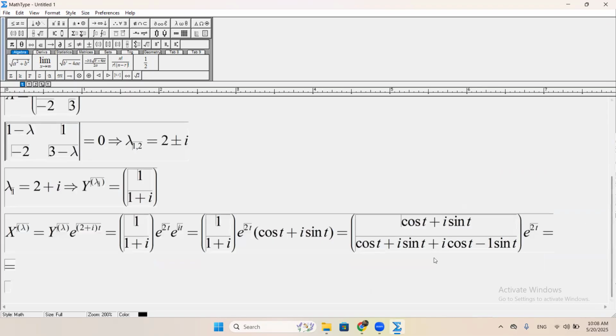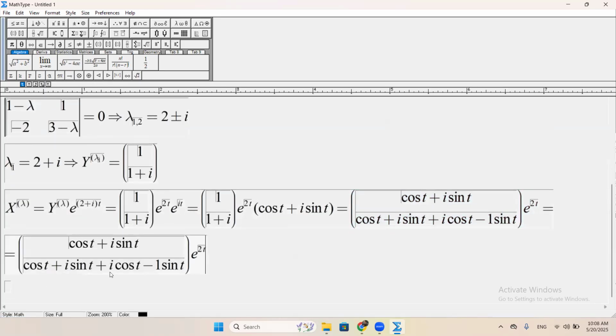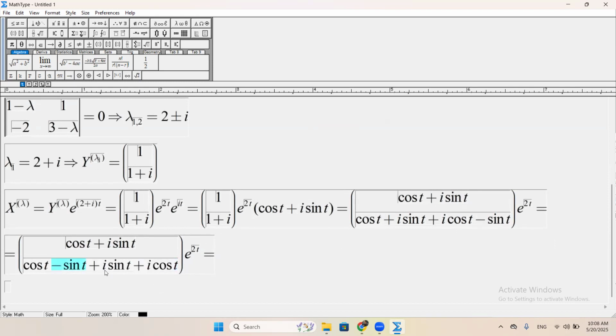Then let me write down separately the real and imaginary part: cosine of t minus sine of t, plus i (sine of t minus cosine of t).